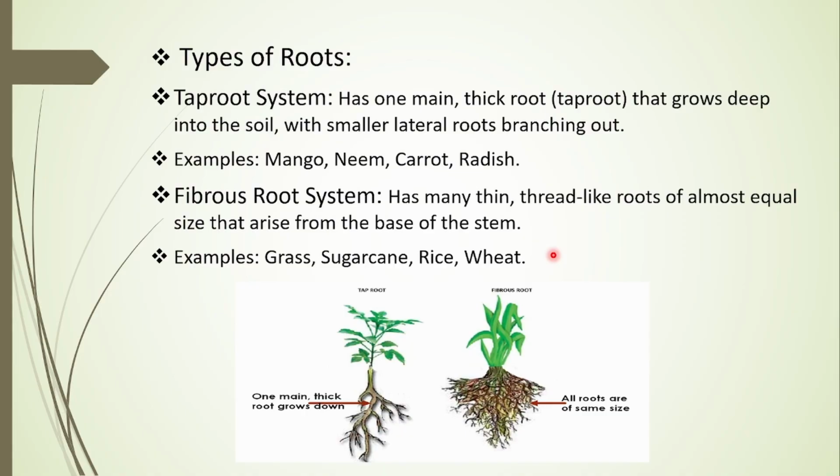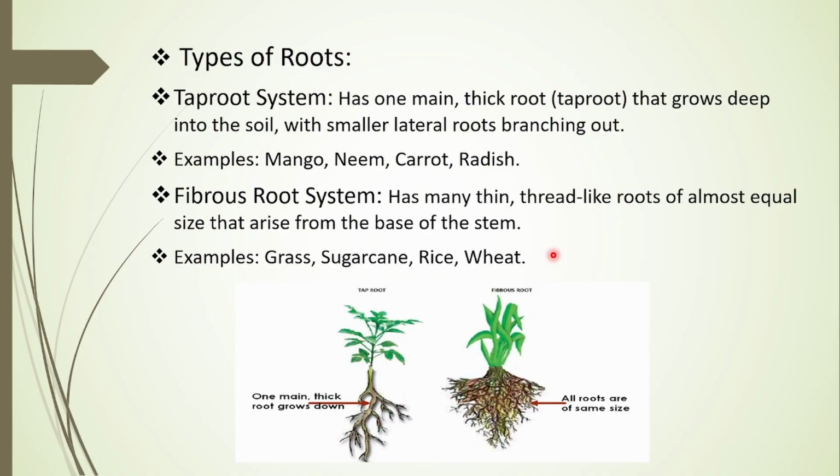In taproot system, the root grows deep into the soil with smaller tiny lateral roots. Smaller lateral roots branch out.